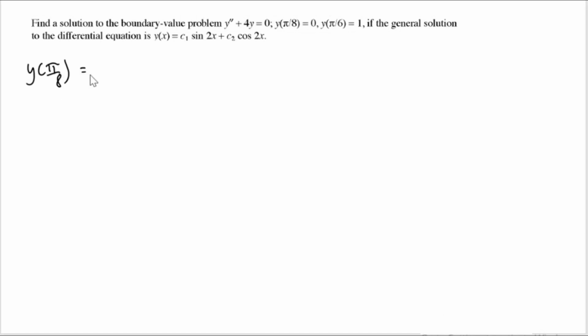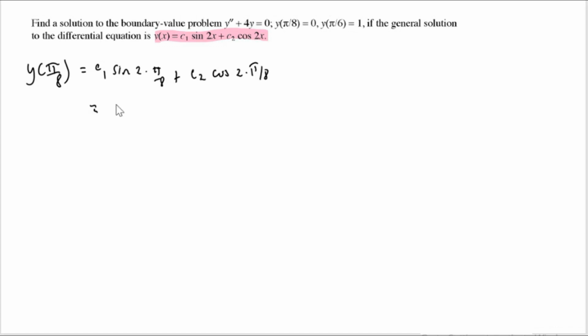We are going to substitute this into the equation y of x equals c sub 1 sine 2x plus c sub 2 of cosine 2x by replacing x with pi over 8. Now we have c sub 1 times sine of 2 times pi over 8 plus c sub 2 of cosine of 2 times pi over 8.